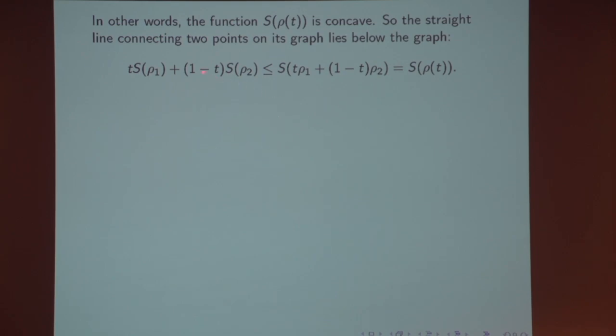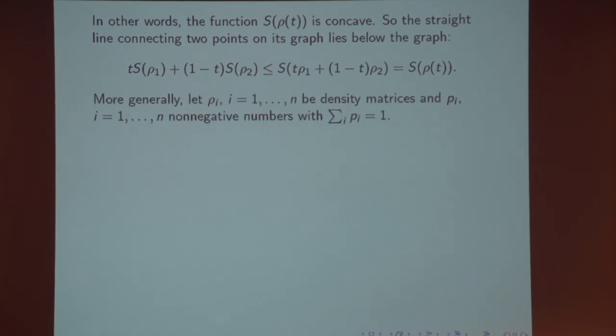So that gives us an inequality: the average of the values at the endpoints is less than the value at the average. So concavity gives this inequality that a linear combination of entropies is less than the entropy of the average density matrix.